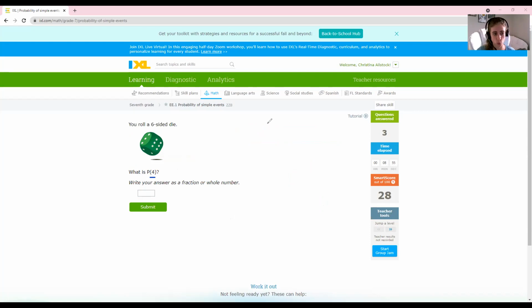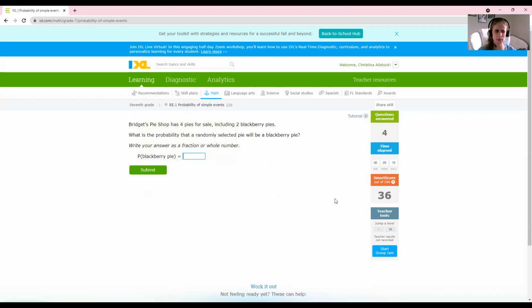So we only have 1 chance of rolling it. And if it's a 6-sided die, there are 6 possible outcomes. So we have a 1/6 chance. My directions want me to write it as a fraction, and I can't simplify, so we're good to go. Oops, put a period instead of fraction.